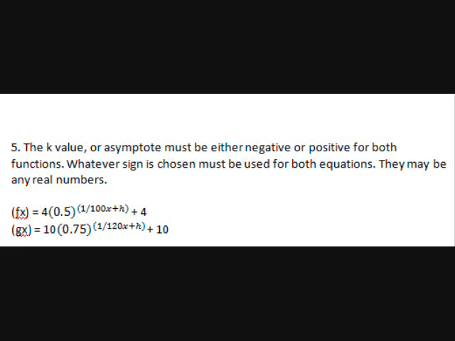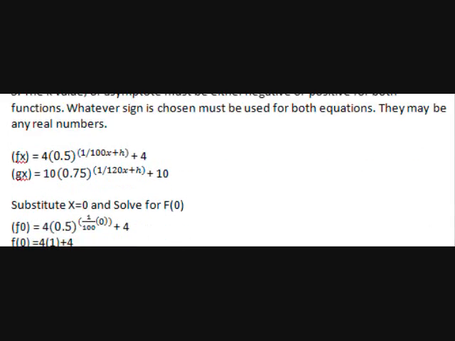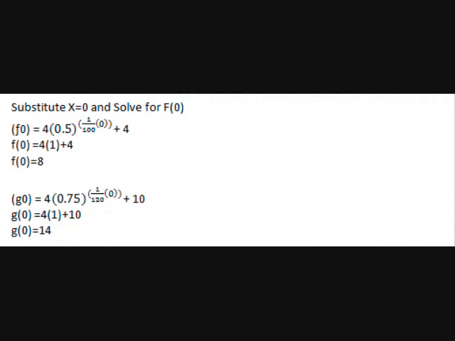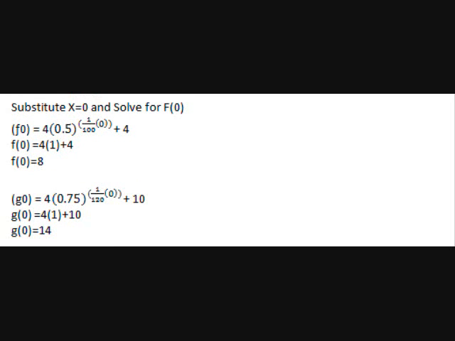They haven't told me what to do to check, so I've done whatever I could to check if my solution was correct. I've taken both of my equations, substituted x equals 0, and solved for f of 0 and g of 0.